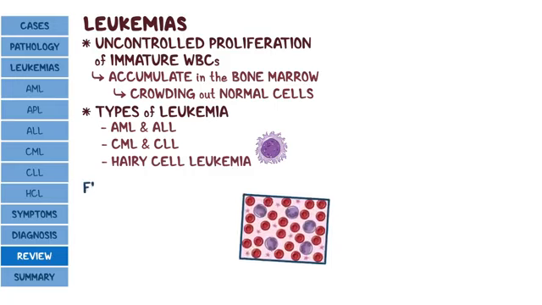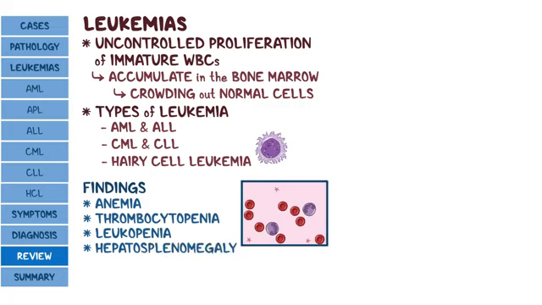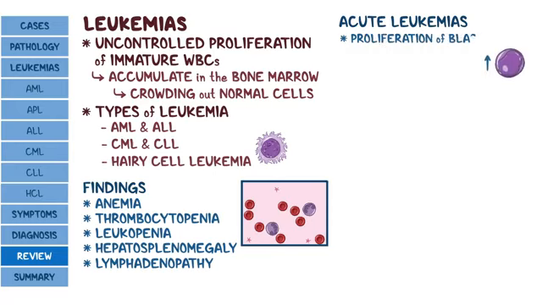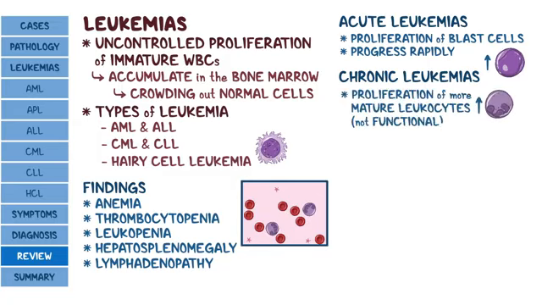Leukemias can present with findings like anemia, thrombocytopenia, leukopenia, hepatosplenomegaly, and lymphadenopathy. Acute leukemias are usually caused by proliferation of blast cells and progress rapidly, while chronic leukemias progress more slowly and are caused by proliferation of more mature leukocytes that are not functional.